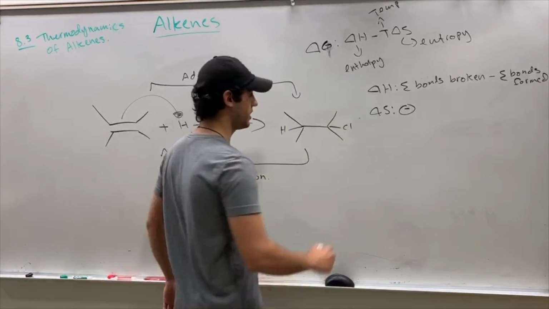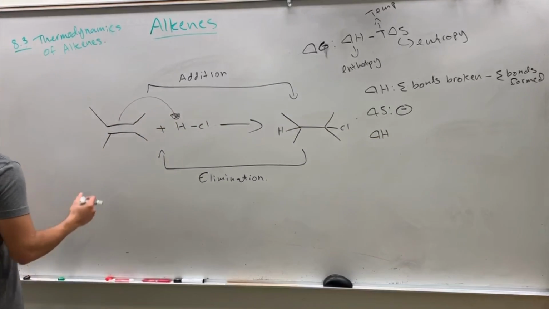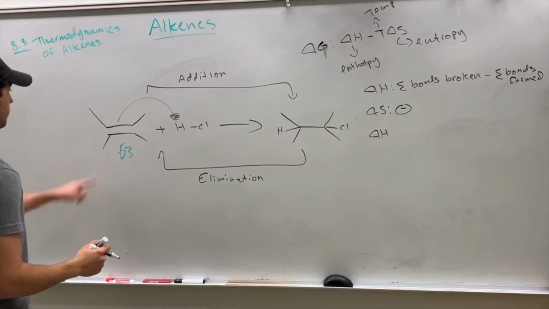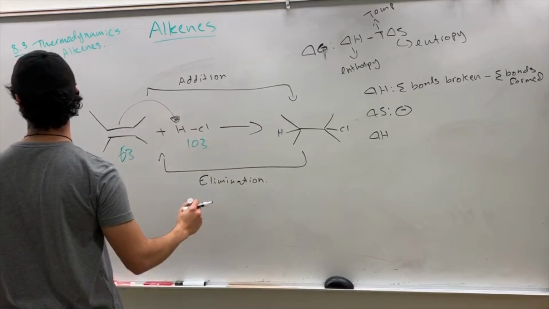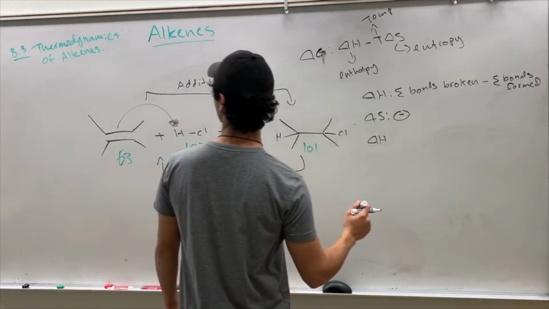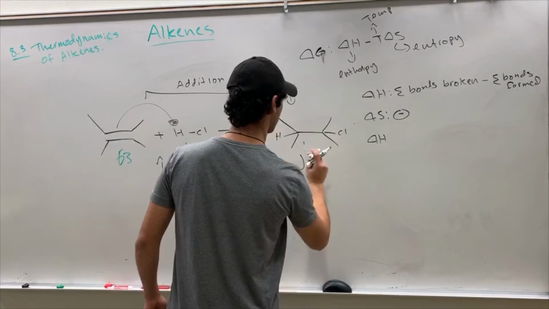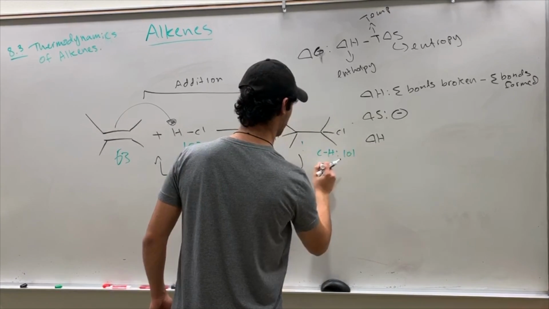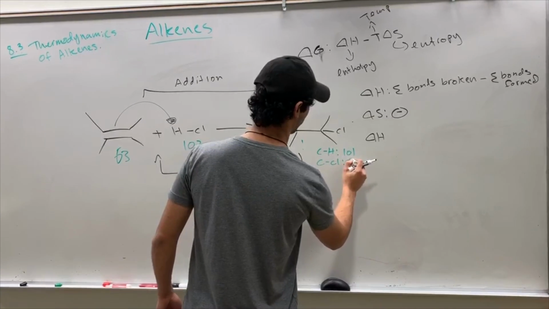But let's count the delta H. I have 63 for the alkene. I have 103 for my hydrochloric acid. I have 101 for my addition product, and actually, sorry, the CH bond is 101, the CCl bond is 84.